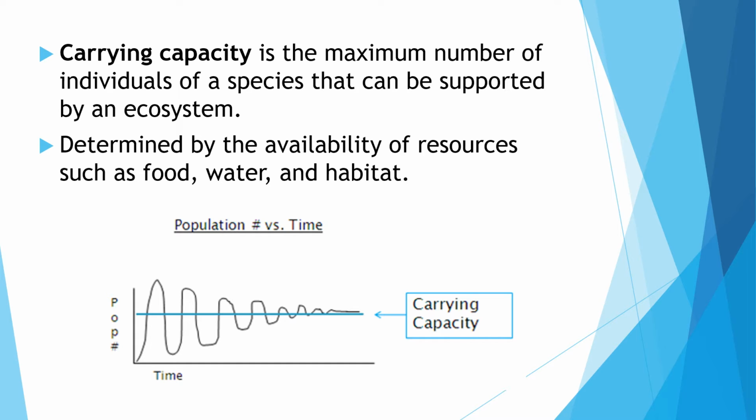This amount is determined by the availability of resources such as food, water, habitat, and beyond that. So even more specifically, this amount is determined by different factors like resource availability, including water access or water amount, food, so if there are, say, enough producers for an animal that's a herbivore, or if there's enough prey for a secondary consumer, whether or not there is a habitat, so access to a safe shelter.